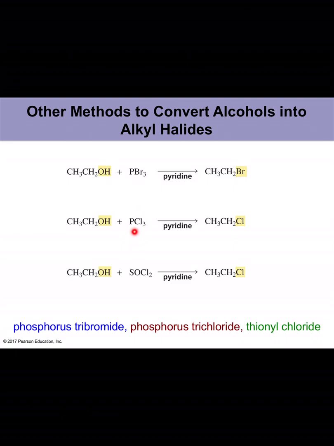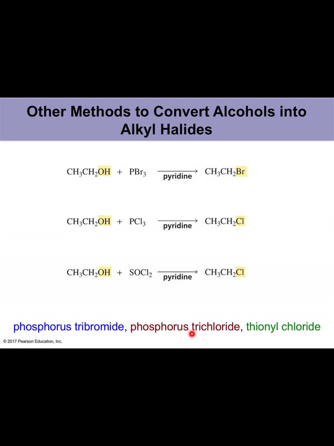Similarly, this is PBr3, this is PCl3. Phosphorus trichloride will convert it to alkyl chloride. And then in the presence of pyridine, thionyl chloride, SOCl2, can convert to alkyl chloride again. Okay.